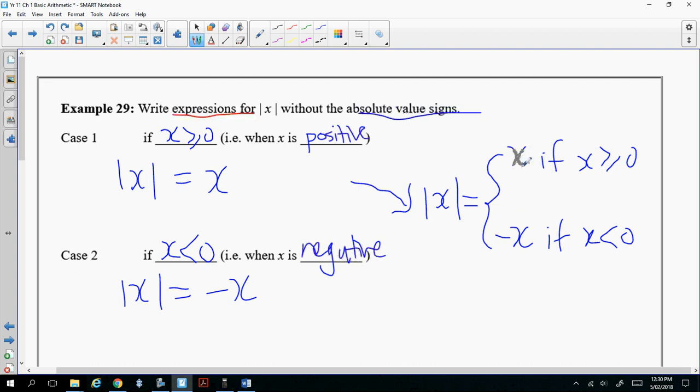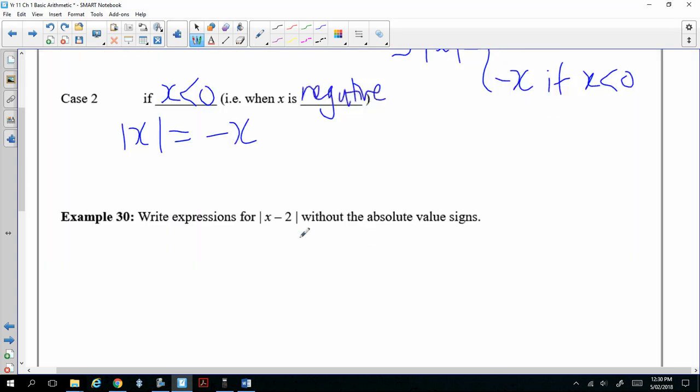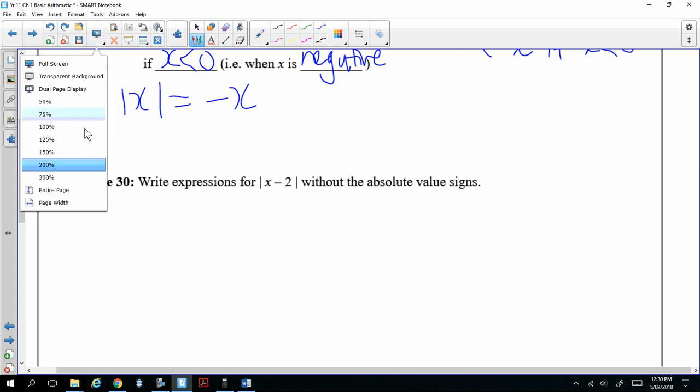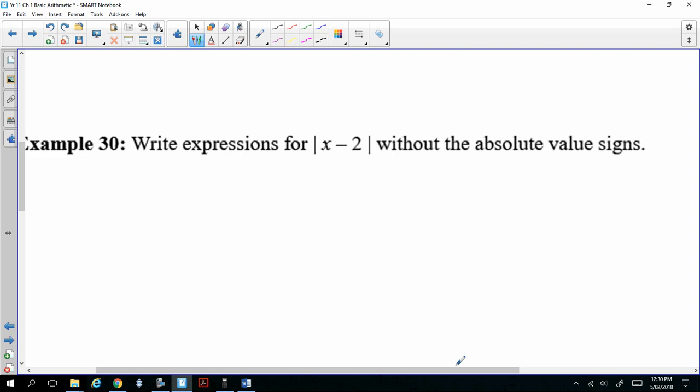Alright, the next two will be a little bit different. So remember this rule, because we're going to use this rule again, having two cases. Let's look at a simple one. Okay. You say write expressions. Now this is a different expression: absolute value x minus 2 without the absolute value sign. Alright, let's do the two cases.